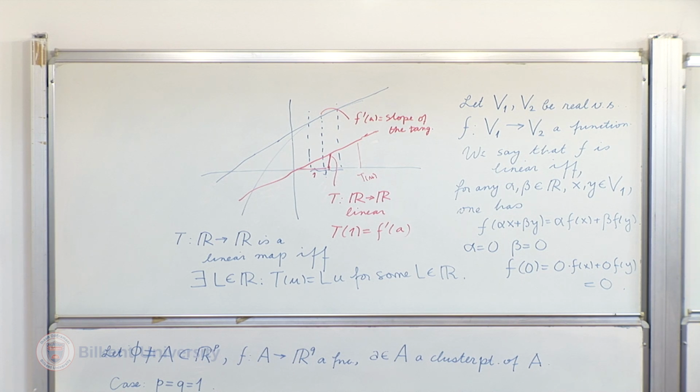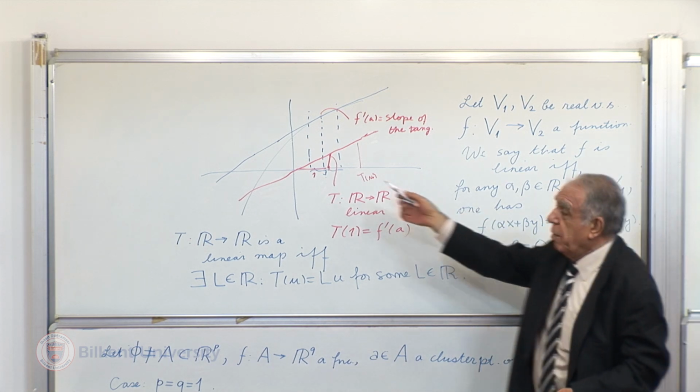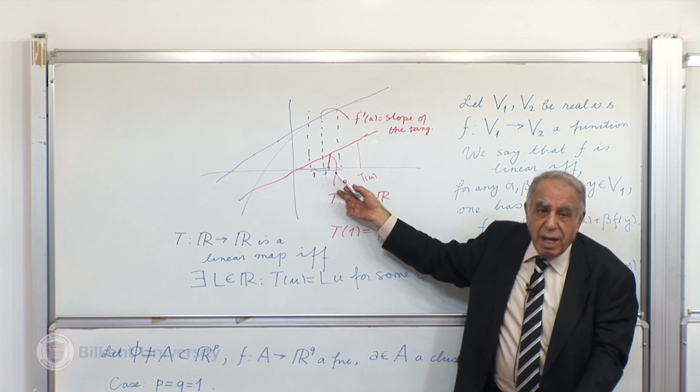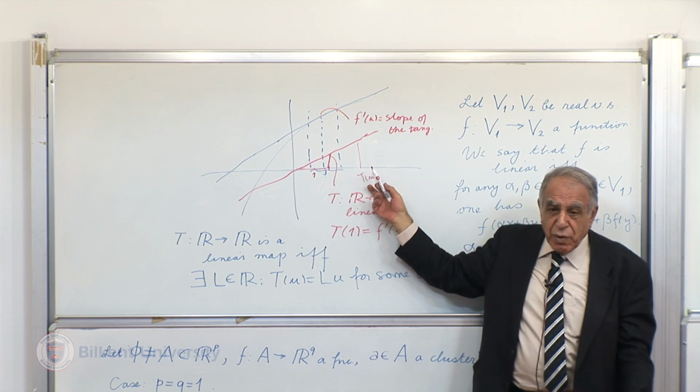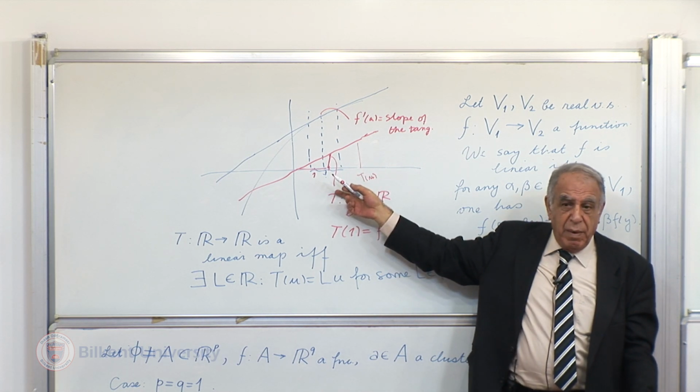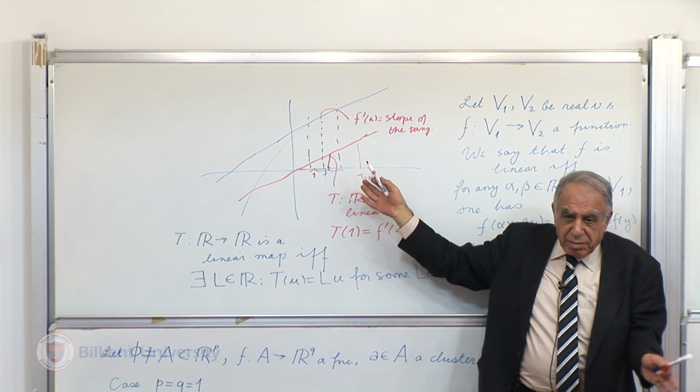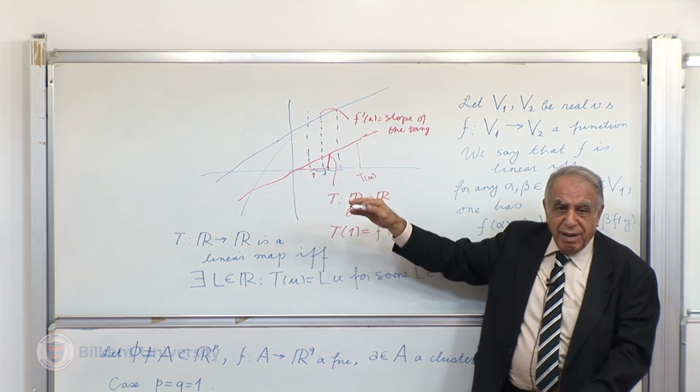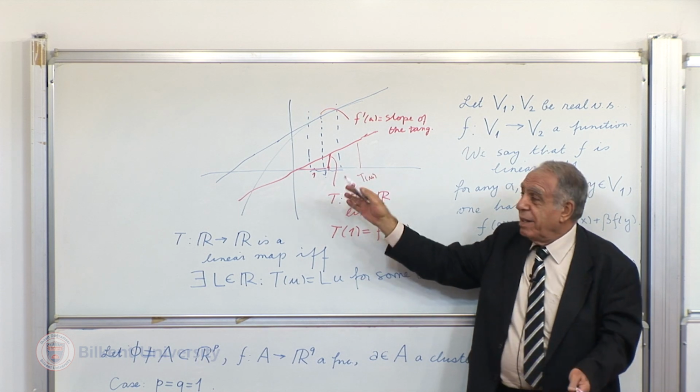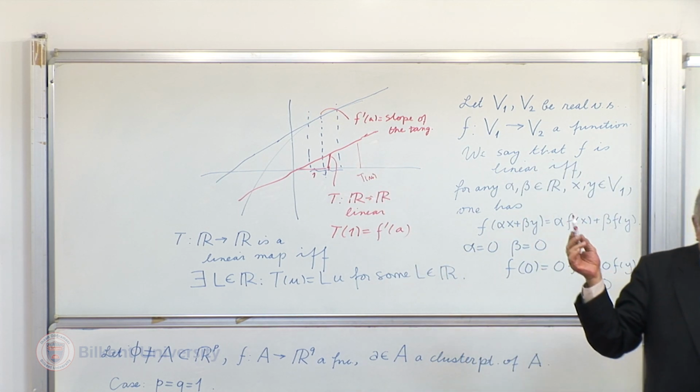You can represent something by a real number, but then instead of doing that, you invent a linear map which is determined by that uniquely. But if we're only interested in T of 1, and if we're not interested in T of u when u is different than 1, this would not deserve merit, okay?